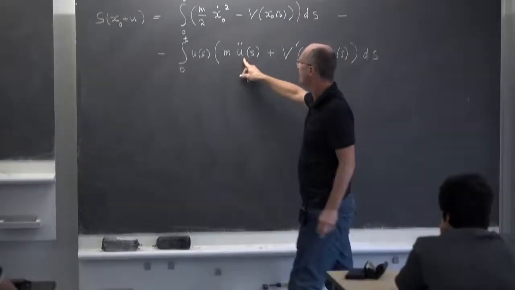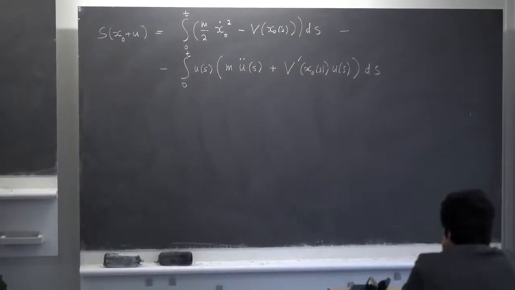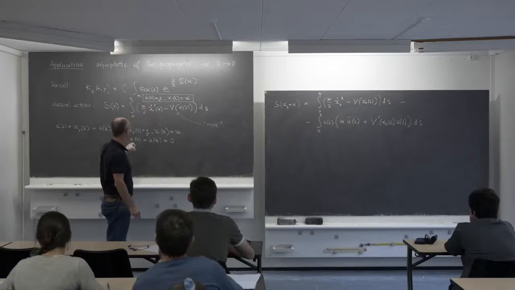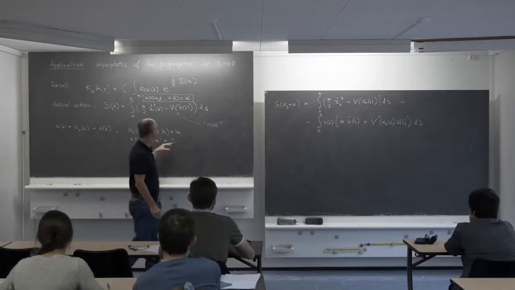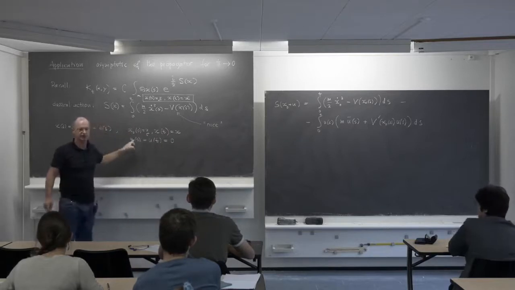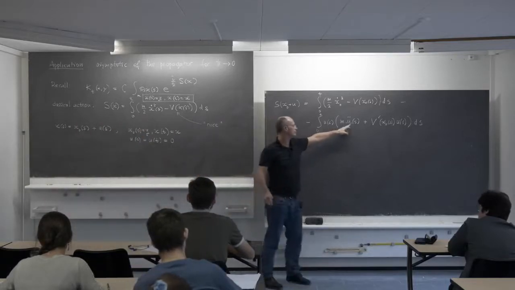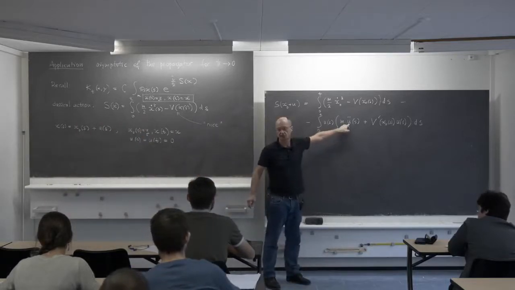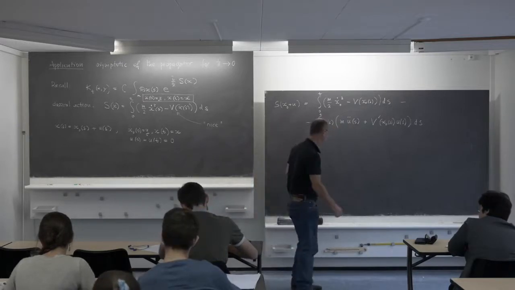And here, a priori I was supposed to get x naught dot times u dot. But then I integrated by parts and I used the fact that u vanishes at the endpoints of the interval. So this means that there is no extra integral term, and here I have u double dot instead. So that's the result of the integration by parts.